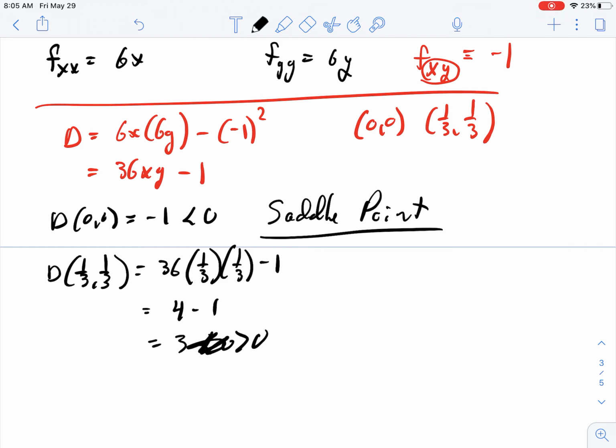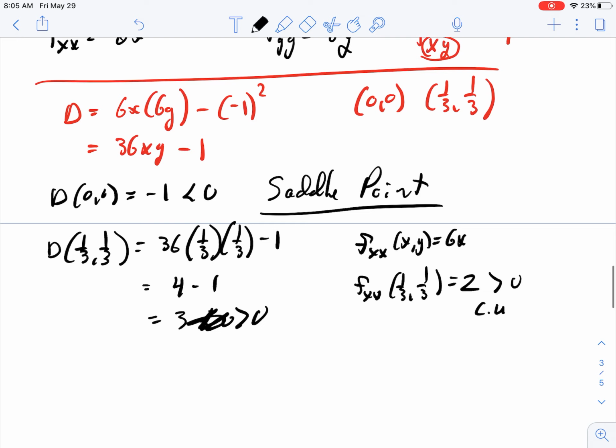So we have to come back to my second derivative. f of xx, of xy, which is 6x. Now, if I plug in (1/3, 1/3), I get 2, which is greater than 0.